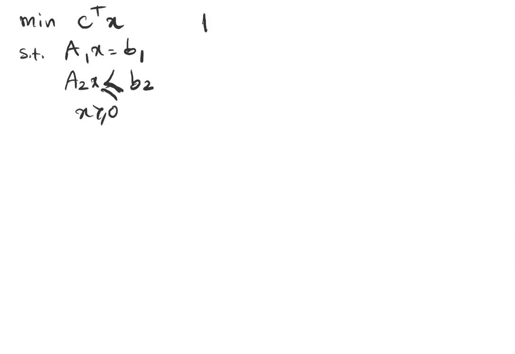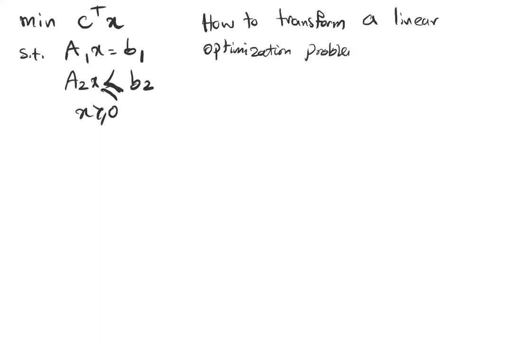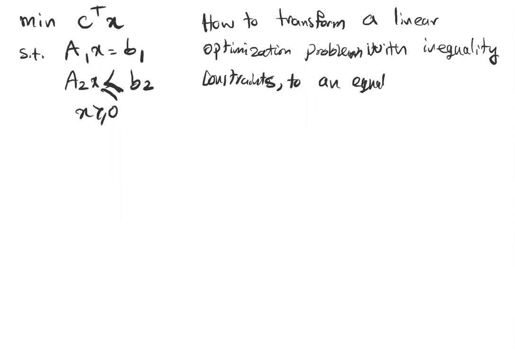So the question is how to transform a linear optimization problem with inequality constraints to an equality constraint problem.